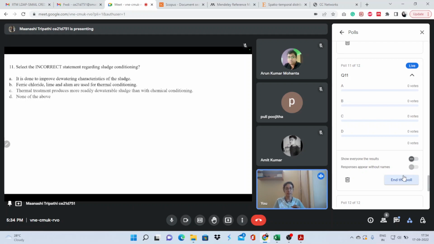Select the incorrect statement regarding sludge conditioning. Why do we do sludge conditioning? To improve dewatering characteristics, and ferric chloride, lime and alum are used for thermal conditioning. A thermal treatment process produces more readily dewaterable sludge than the chemical conditioning.